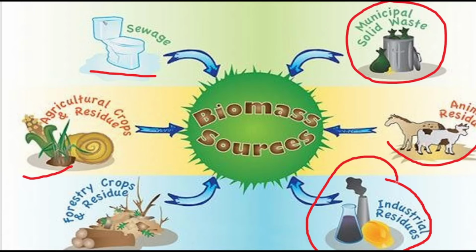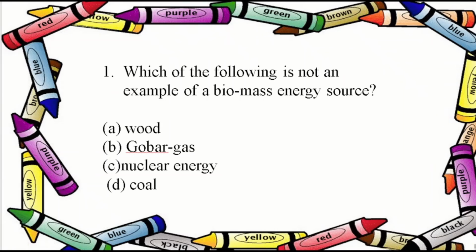We can also use industrial residues as a source, and forestry crop residues like the leftovers. So these are all the biomass sources which we could use in the biogas plant to produce biogas. How easy is this, right?